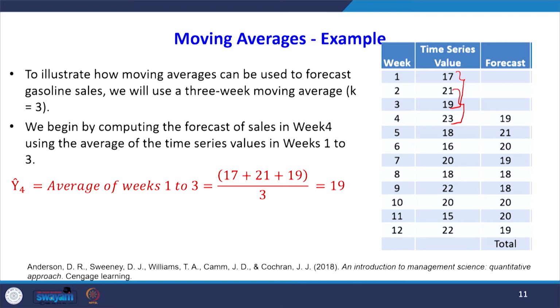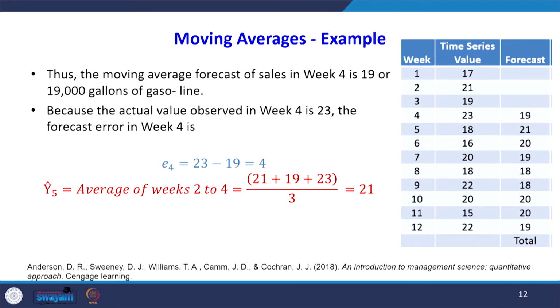We begin by computing the forecast for sales in week 4. Suppose I want to forecast; I have the actual value 23. So, Y4 is the average of weeks 1 to 3: 17, 21 and 19. When you divide by 3, because it is a 3-period moving average, it is 19. So, this 19 is the forecasted value for week 4.